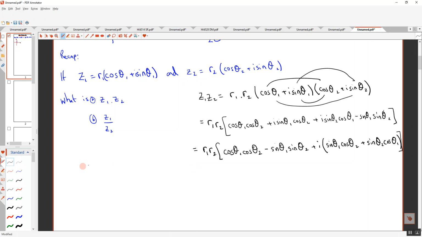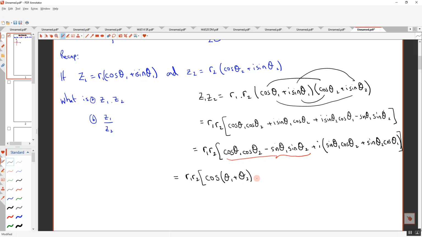Okay? Right, and then we can spot that this is actually, I can write that using my addition formula for a trig function, so that's going to be cos theta 1 plus theta 2. That's just straight out of the formula booklet.